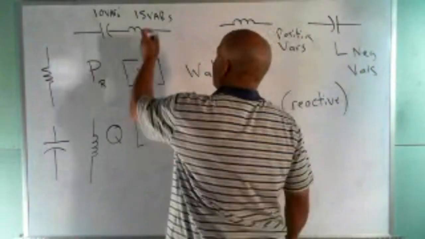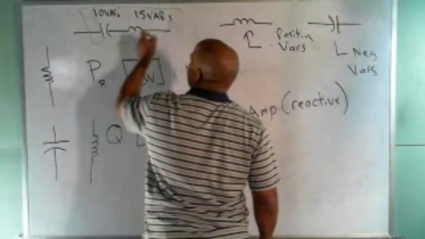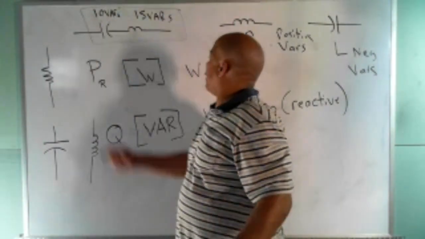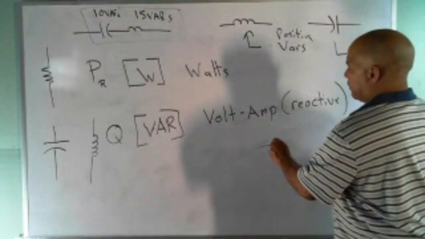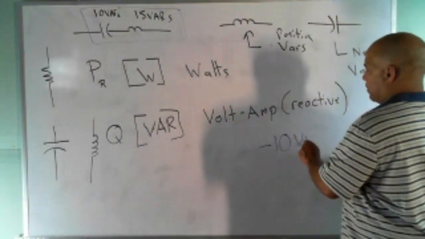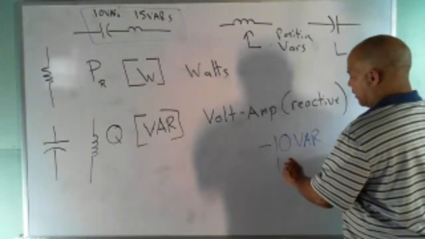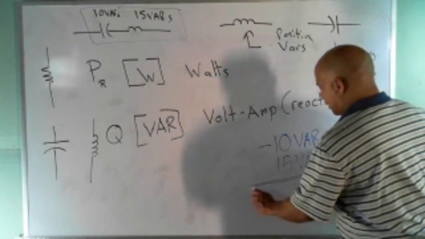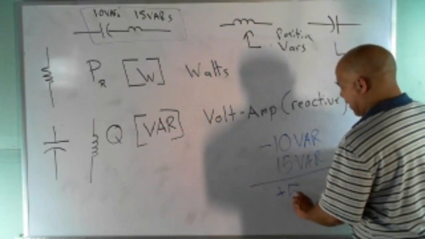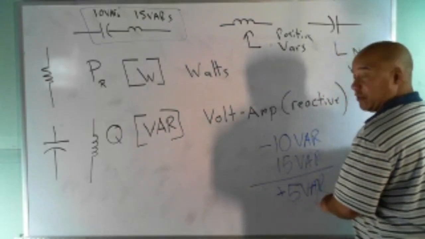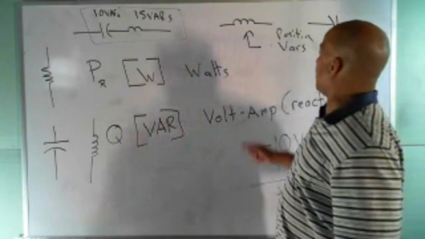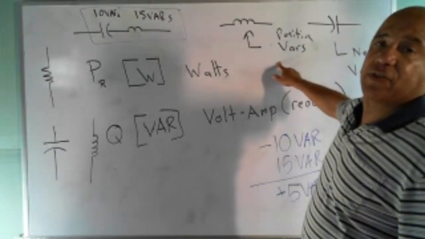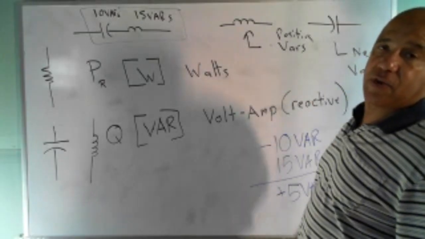You have to supply that negative sign. So I have a negative 10 VARs from the capacitor and a positive 15 VARs from the inductor. So I would have a positive 5 VARs. That would be my net reactive power. So you have to remember this idea of negative and positive VARs. By definition, the capacitive VARs are negative and the inductive VARs are positive.